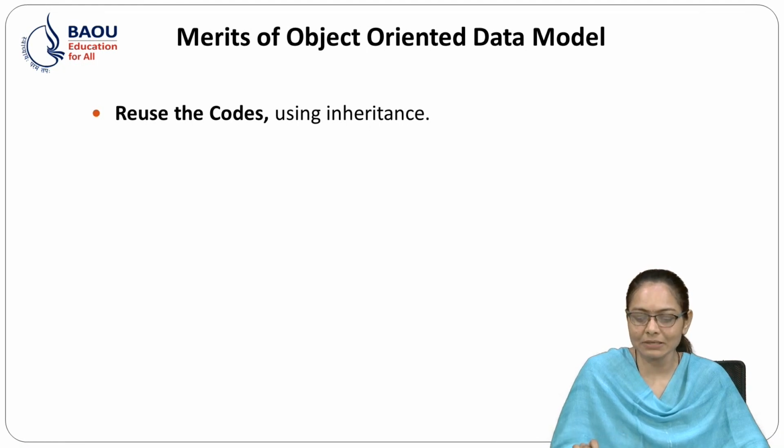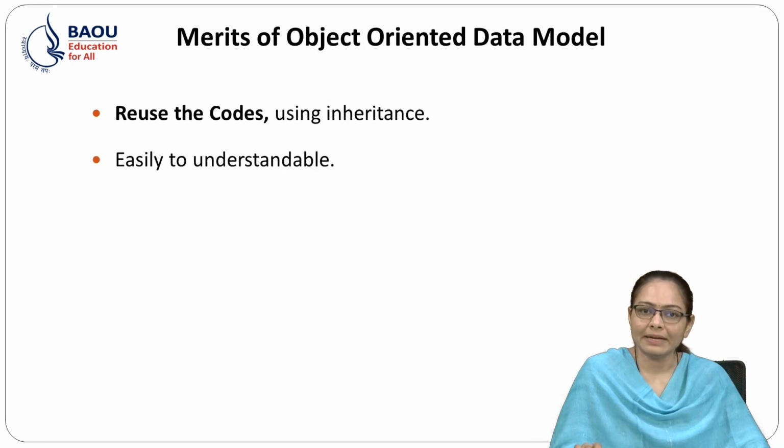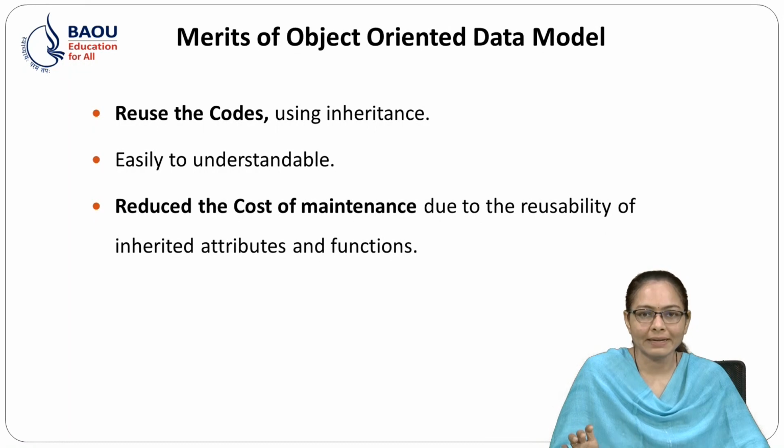It is easy to reuse, and easy to understand also. It reduces the cost of maintenance due to the reusability of the inherited attributes and functions. Due to this, no need to use extra memory or any hardware resources.